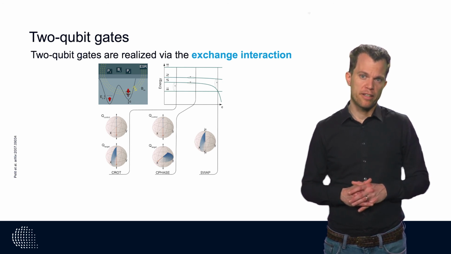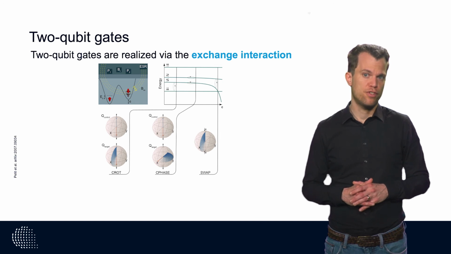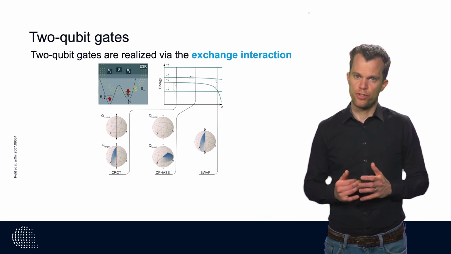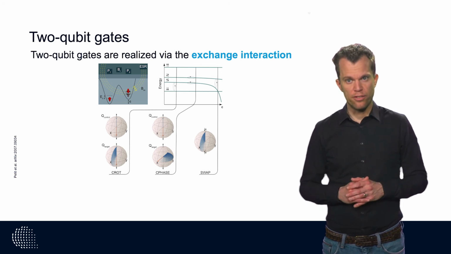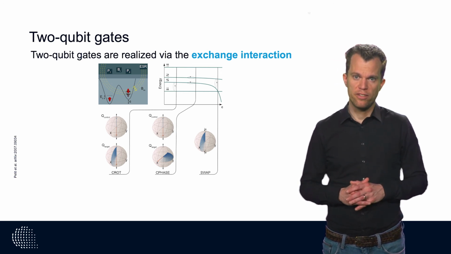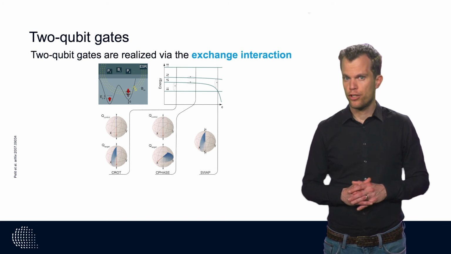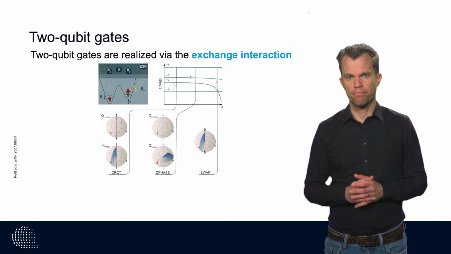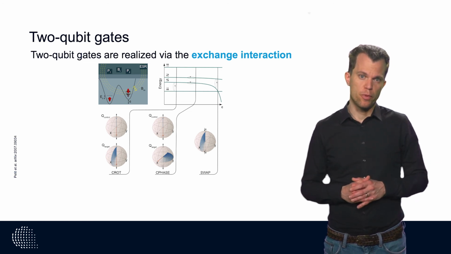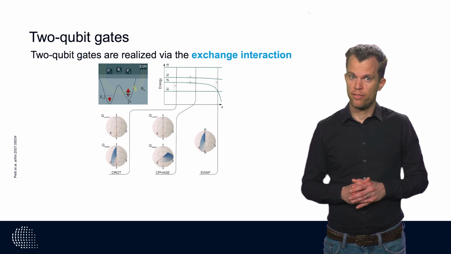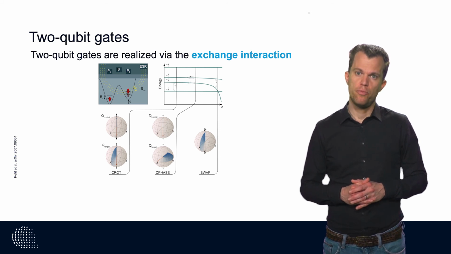Applying an AC magnetic field on resonance with this new resonance frequency results in a controlled rotation. This two-qubit gate, where rotation is made dependent on the state of the other qubit, is called the CROT, the controlled rotation. The controlled rotation is very similar to the two-qubit Z0 gate, with the difference only being a single qubit Z-phase.